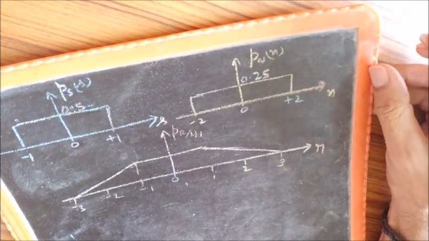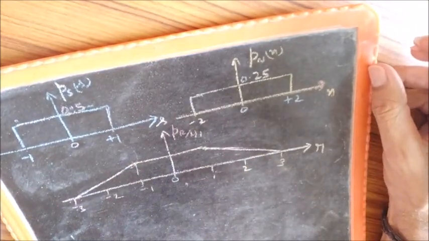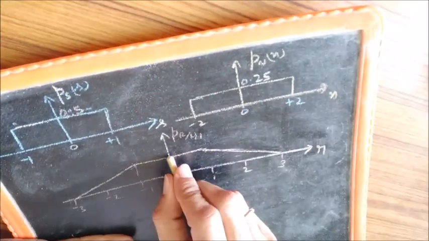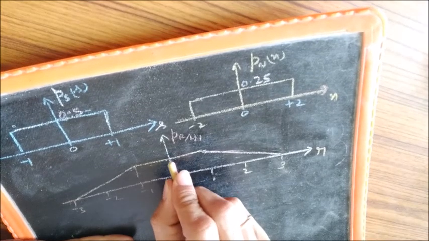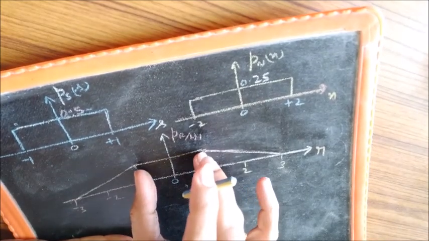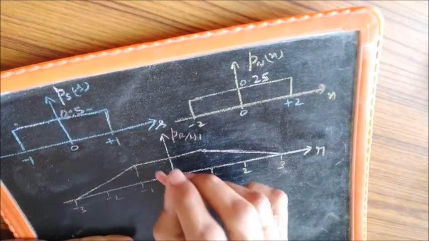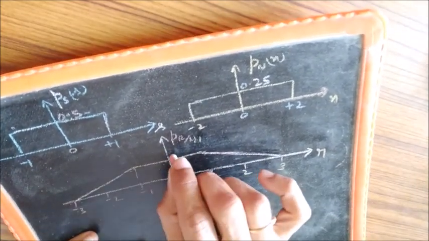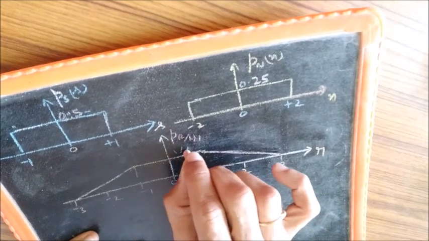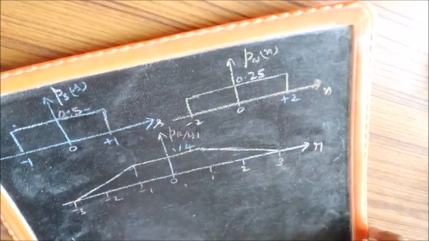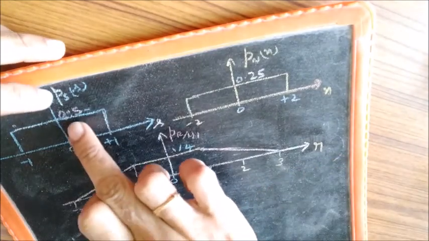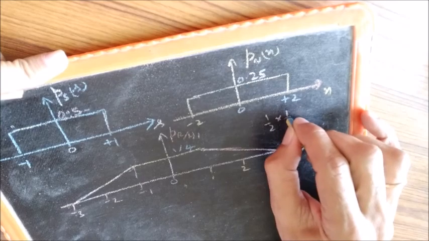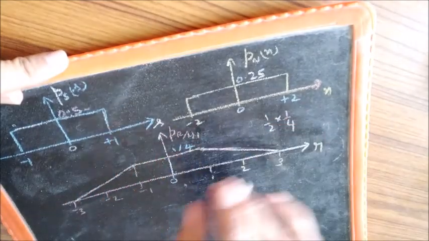So this is the density function of the received random variable when H1 is the true hypothesis. And of course its height will be 1 by 4, because 0.5 into 0.25, that will be 1 by 2 into 1 by 4, and then this is at 0 lag.